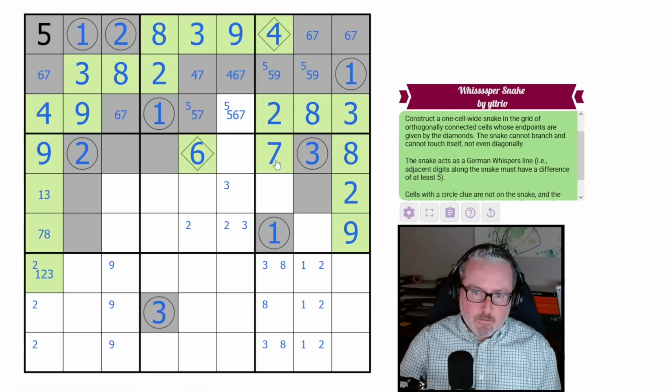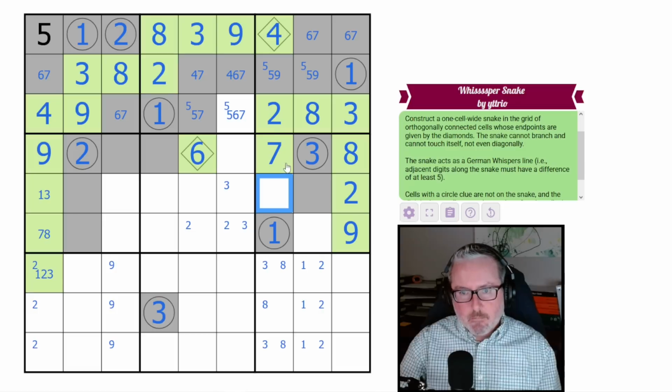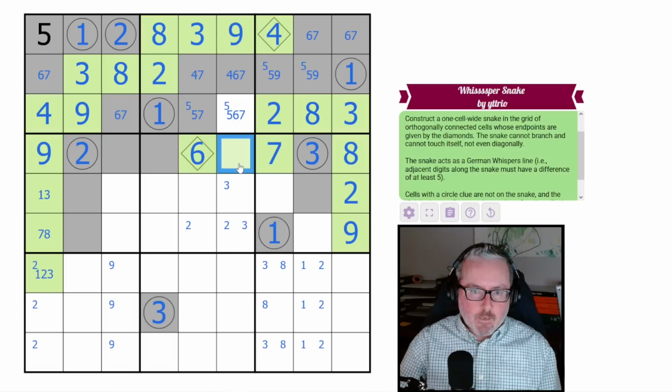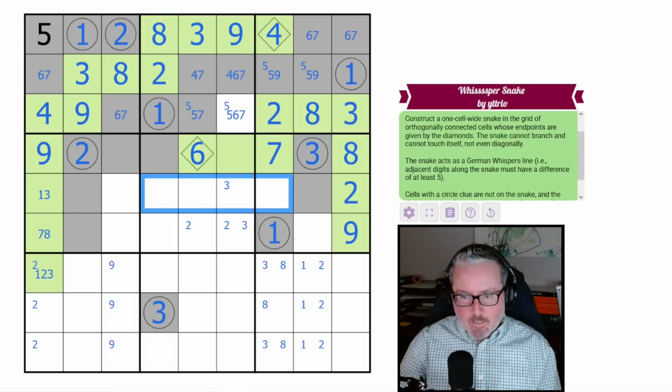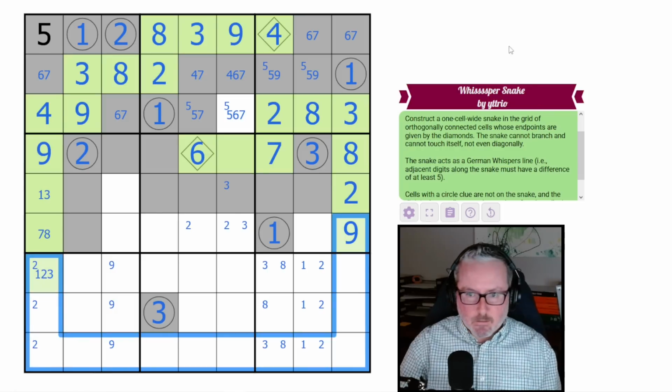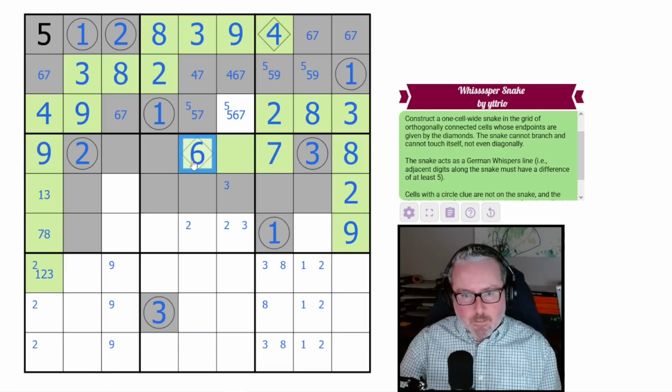We need to get from a 7. We can't go down here because we can't use 1 or 2. So the 7 must turn. So now this is our snakeage. None of these can be. So this guy is going to connect some way out to here. But this digit has to be a 1.